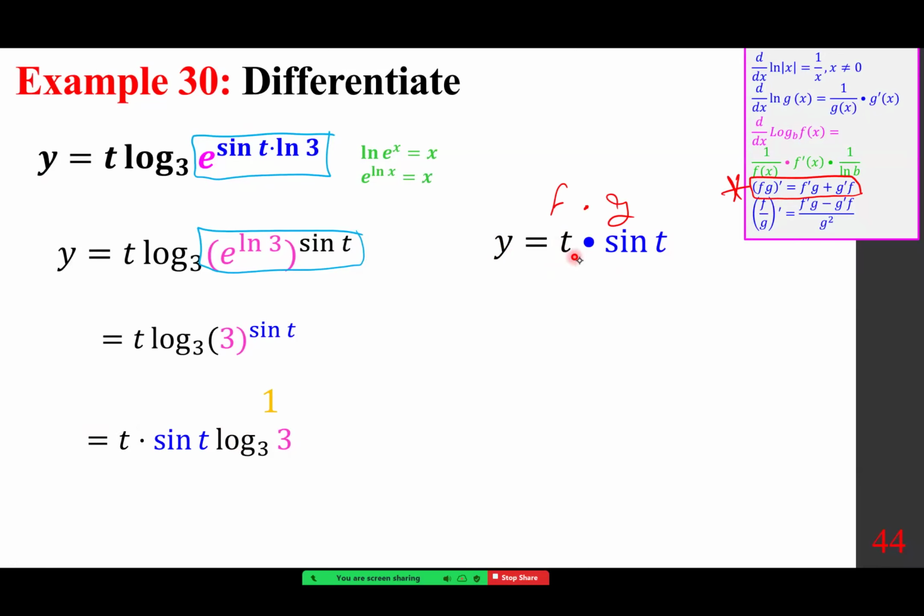So f prime is 1 times sine t plus sine gives us cosine t times t. This is sine t. This t definitely bring it forward, t cosine t, because I don't want anybody to think this is cosine of t squared. And sometimes students make that mistake. Okay, everybody. So make sure you bring it forward.